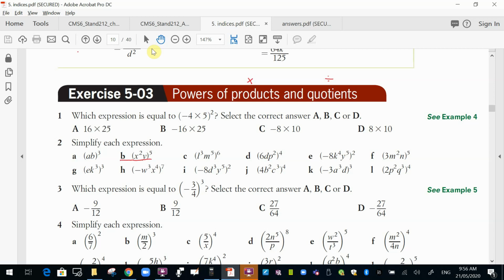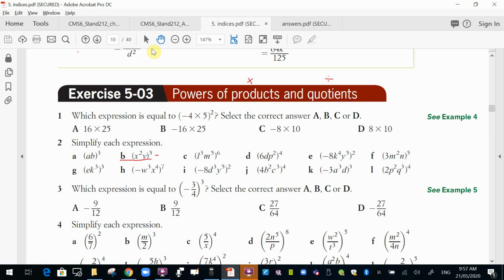question 2b. Now this is an example of power of products, and it's important to remember that when we have this arrangement, the power applies to everything inside the bracket. And when we have multiple elements inside the bracket, it applies to each one individually.